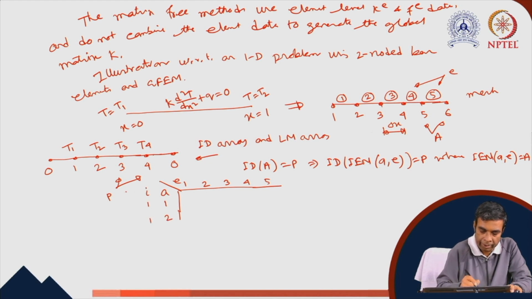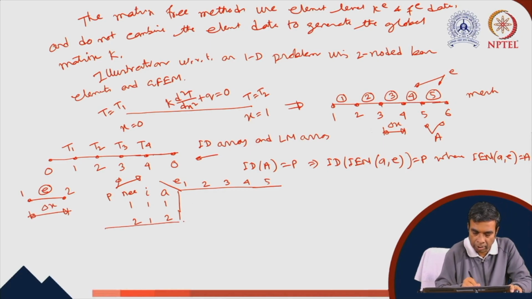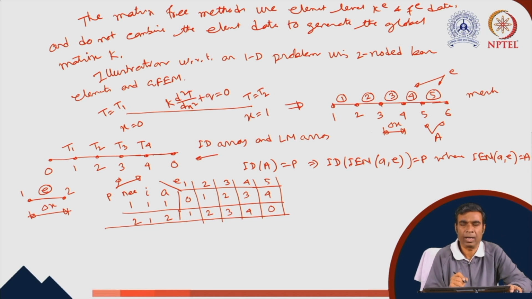IDOF is 1 and the number of element level equations is 1 and 2. So this is one arbitrary finite element, element E, local nodes 1 and 2, and the mesh size is delta X. So our equation numbers for this case per element are 0, 1, 1, 2, 2, 3, 3, 4 and 4, 0. So it suggests that our global matrix equation system will be of 4 by 4 size because we have capital P or capital Q as 4.